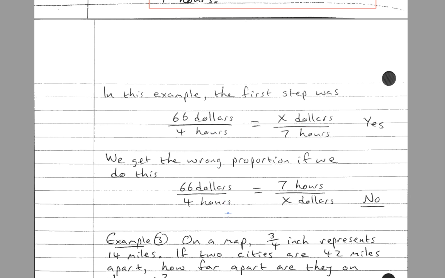The only mistake you can really make here is to put it the wrong way around. If you have dollars per hour, it has to be dollars per hour on both sides. So this one's upside down. I'm going to cross that out. So don't do that.